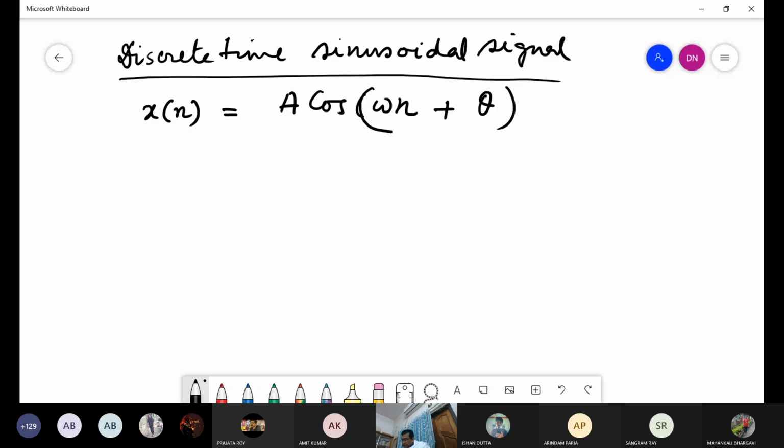Here you see, for this case we are using the lowercase omega, and here n is an integer. So we can write ω is equal to 2π f. This f is the frequency variable.